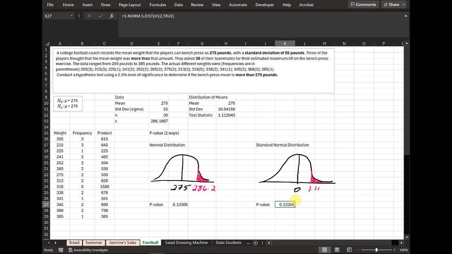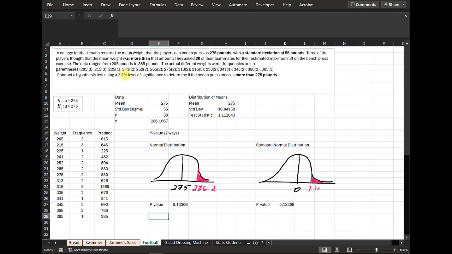Okay, and so now we need to figure out what I am actually measuring this against. When the problem doesn't say anything otherwise, your default p-value to compare is always going to be 5%. But in this case, it says 2.5% level of significance.